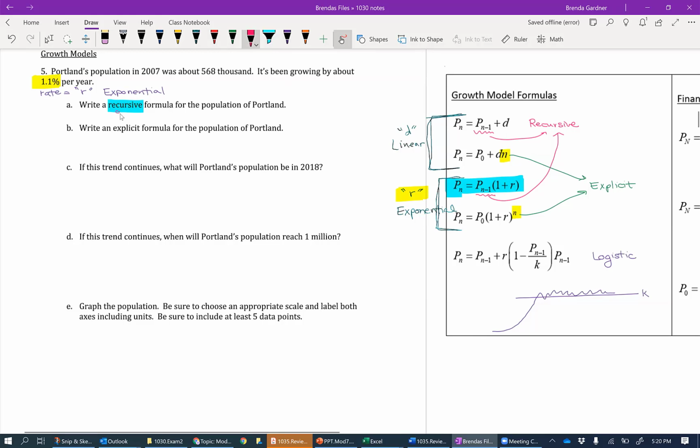Every time recursive means it's an n-1. Sometimes people want to put too much information in the formula. With the formula, you always want to see the n. Don't replace the n at all. So let me just write this down, copying it over.